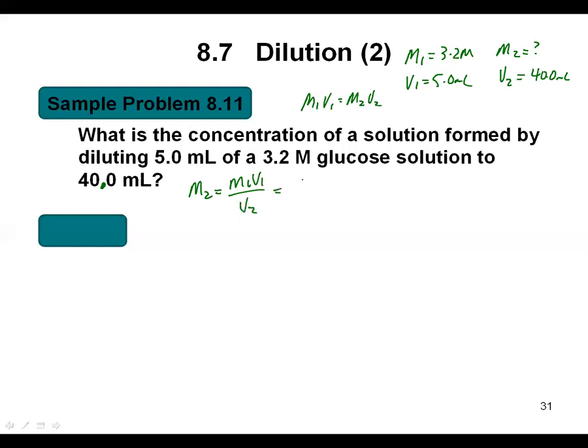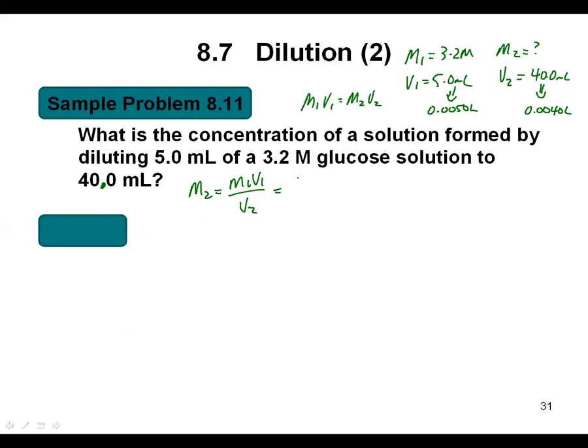Again, in this case, we can leave the volume in milliliters, or if you want, you can convert both of these volumes into liters. It's perfectly fine, which if you did, you would have something like that. And if you converted this into liters, you would have something like that. But again, you can leave it in milliliters. I'm going to show you why it's okay in this particular formula.